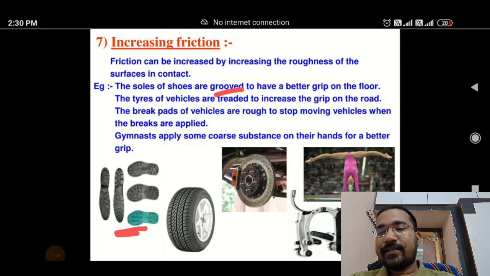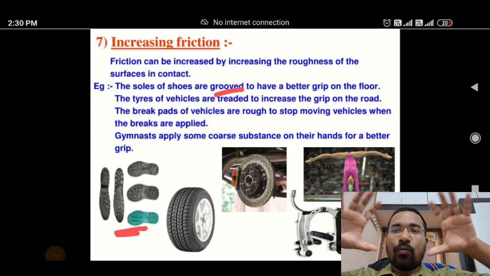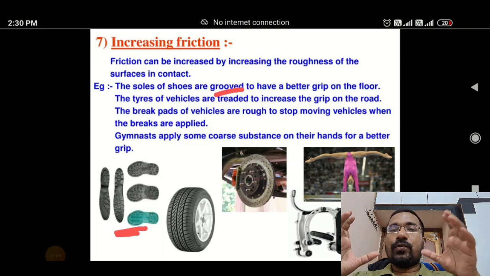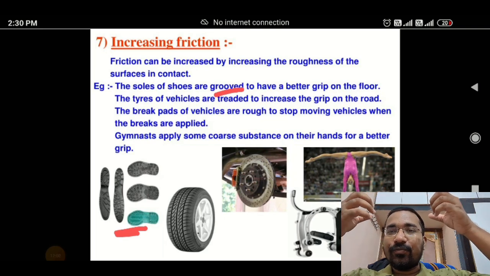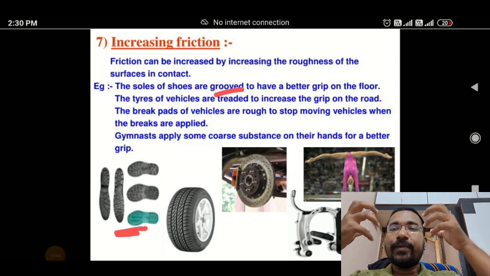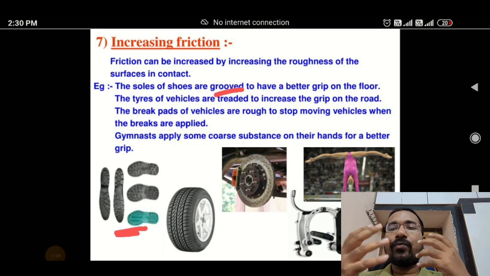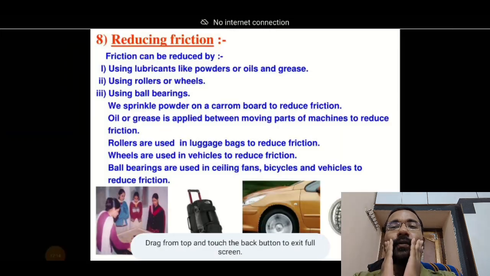Gymnastics, why in gymnastics is there a hold? If you hold, gravitation will pull, but if we increase the friction, frictional force will be greater, then we will not fall. So how do we increase friction? We apply some powder. There is a specific powder, not the powder we use on our face.